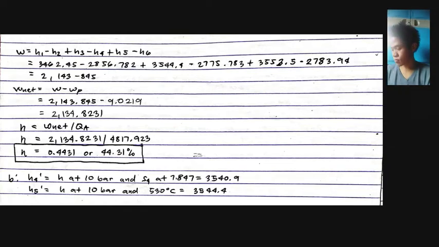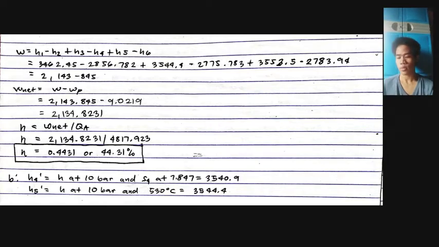So next, for efficiency n equals Wn over QA. Substituting it, n equals 2134.8231 over 4817.923, equal to 0.4431 or 44.31 percent.